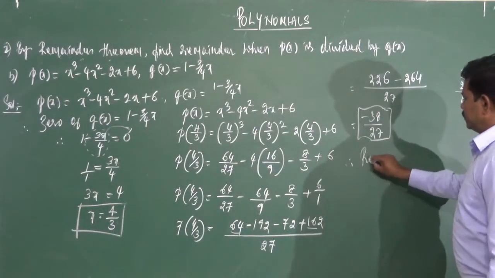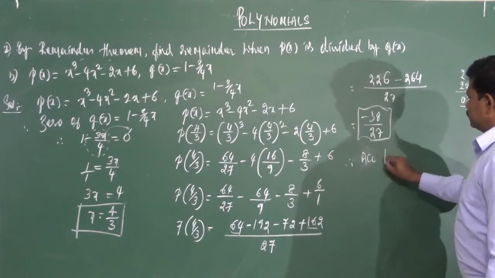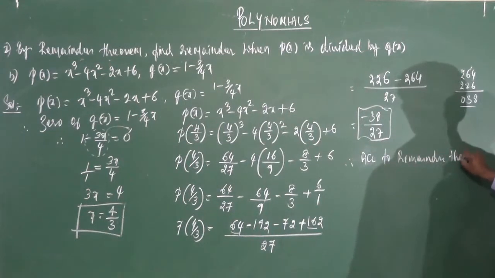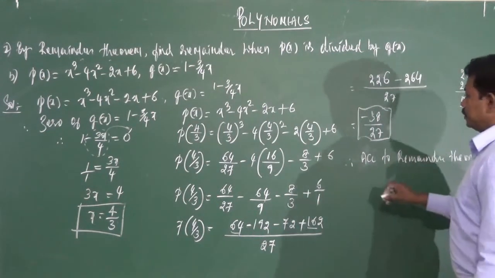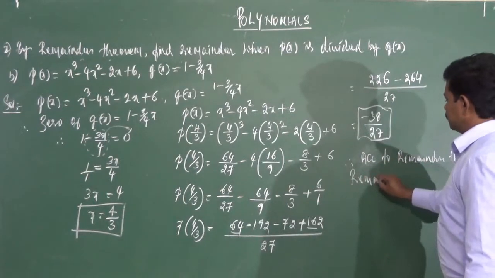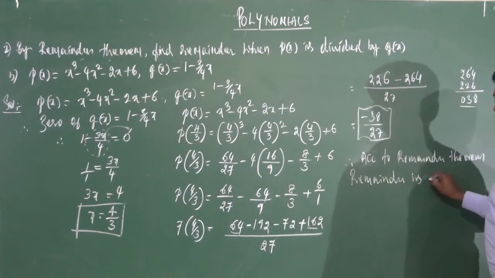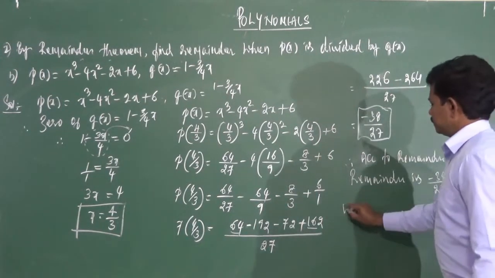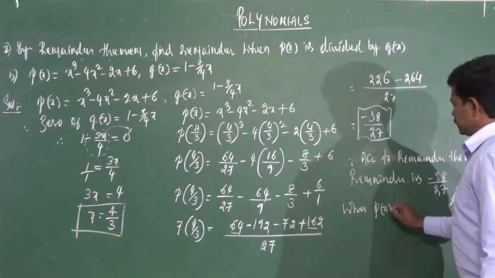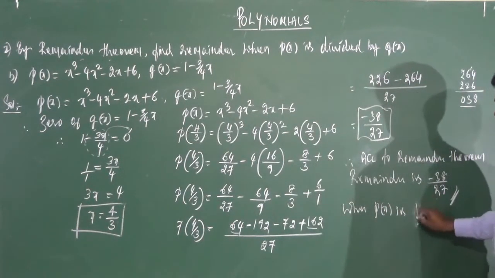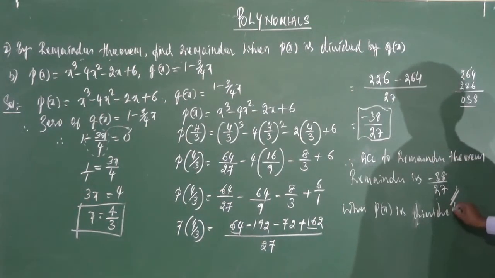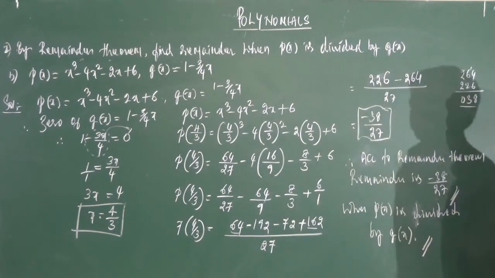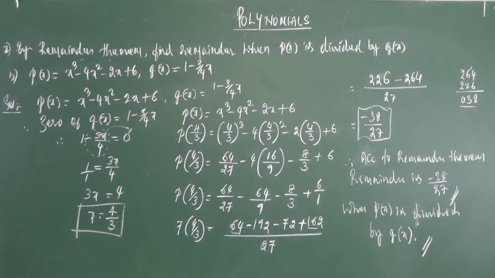So therefore, according to the remainder theorem, the remainder is minus 38 by 27 when p of x is divided by g of x. Right. Very important. 2-mark question.